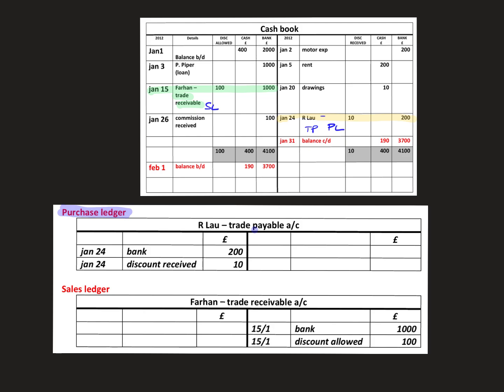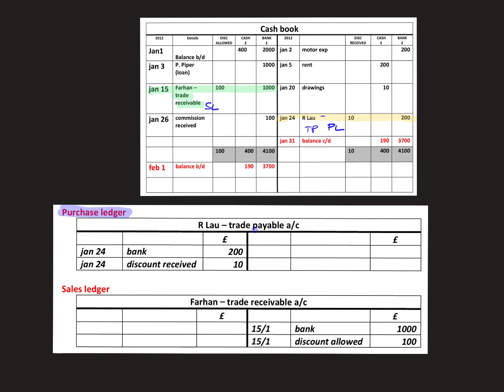And we can see both entries for Law. What we can see is the amount that we paid by cheque, so bank for 200, January 24th. But we also have to make an entry for the discount received. The discount received account would have the other half of this entry. The cash book only keeps a tally of the discount received, so this is not a debit or credit because the individual accounts would be debited and credited.